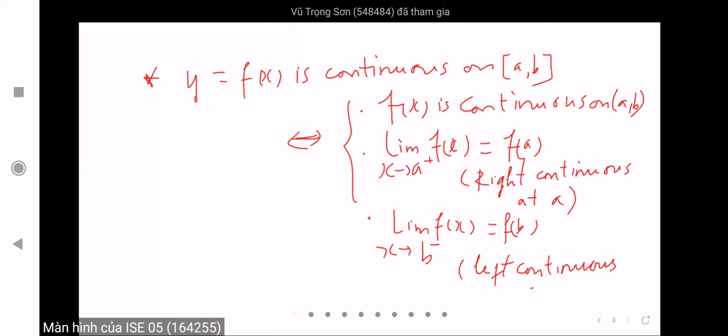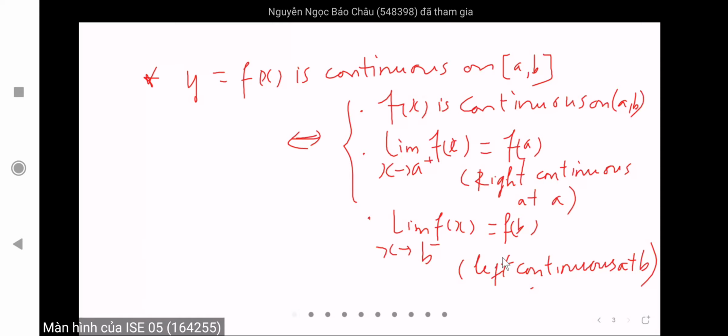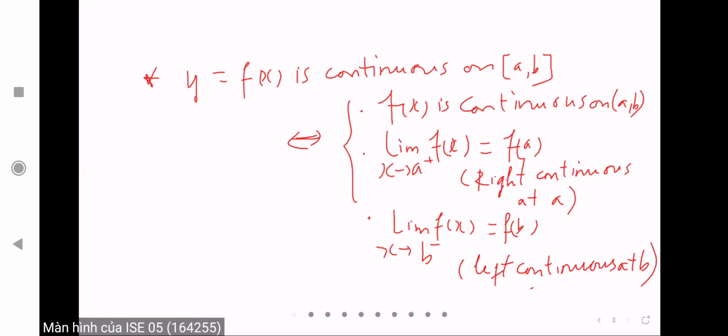Left continuous at b. Okay. Do you have any questions? Next.